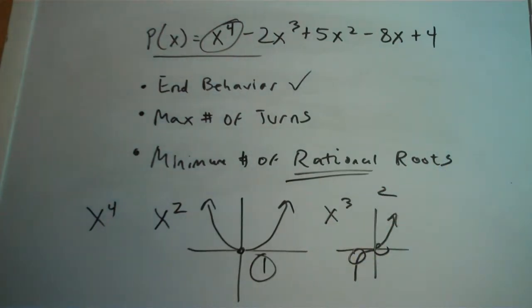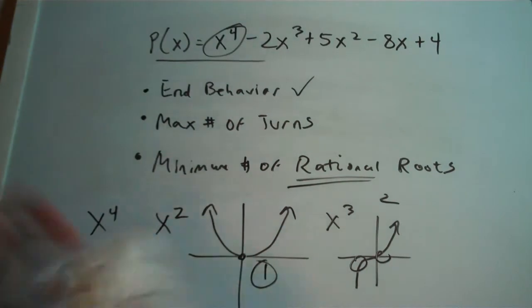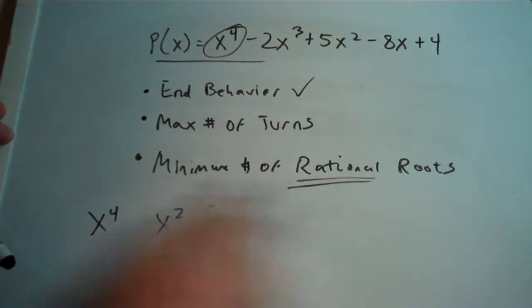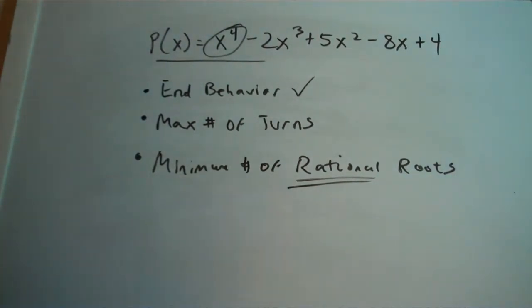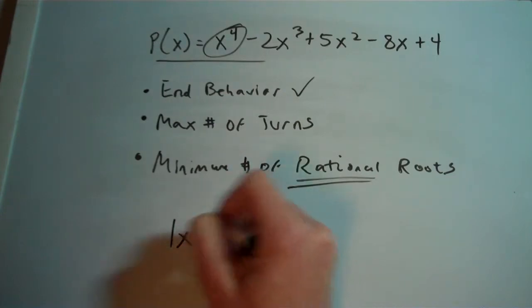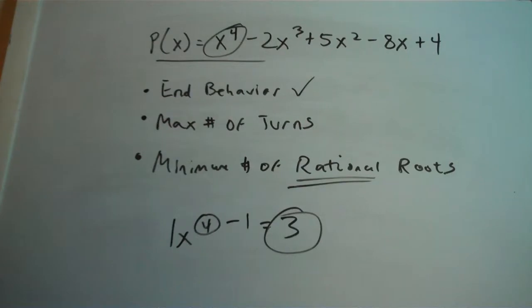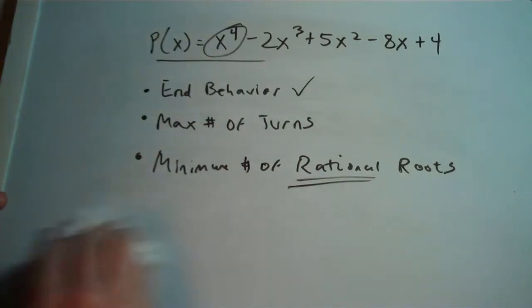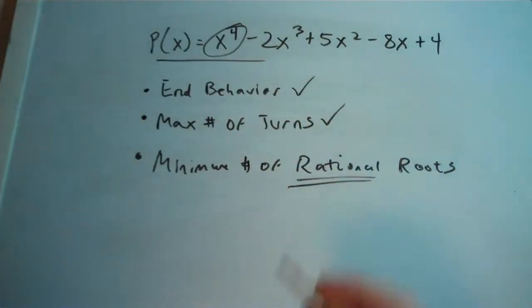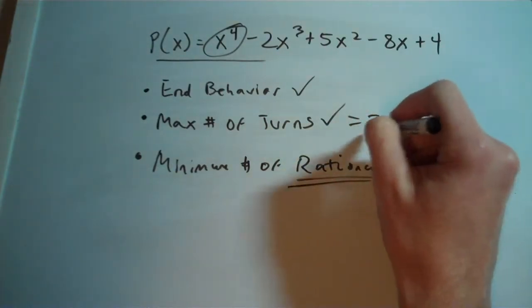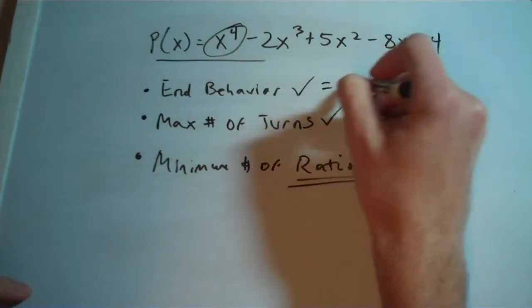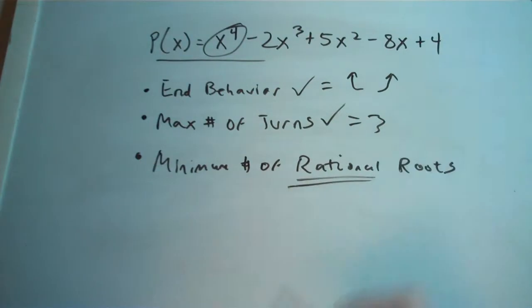So basically what you can get out of this is if we look at our leading coefficient and we look at the degree of it, in this case 1x to the fourth, we're just going to subtract 1, and that's going to be the max number of turns. So max number of turns is 3. Let's write that in. End behavior is going to be that.